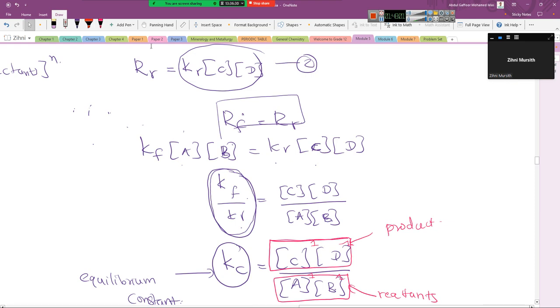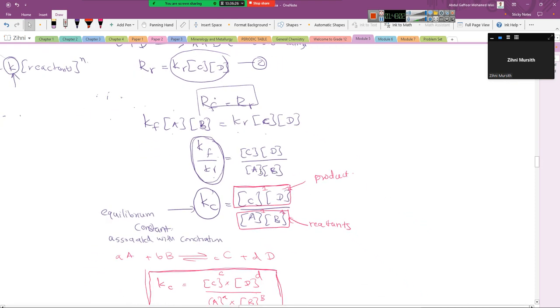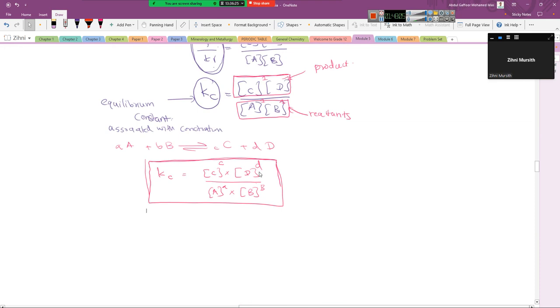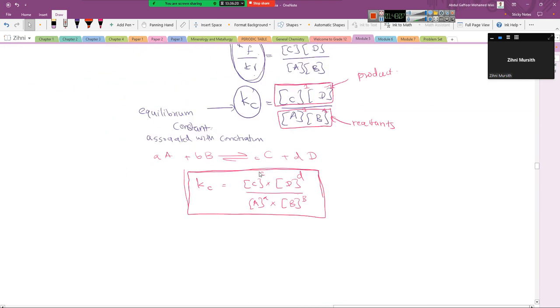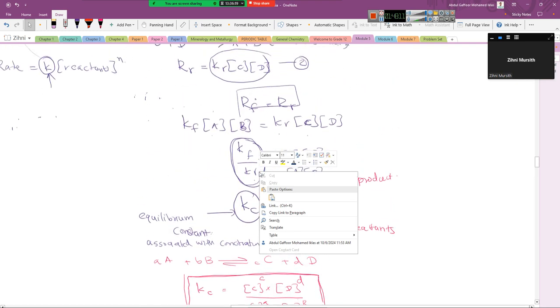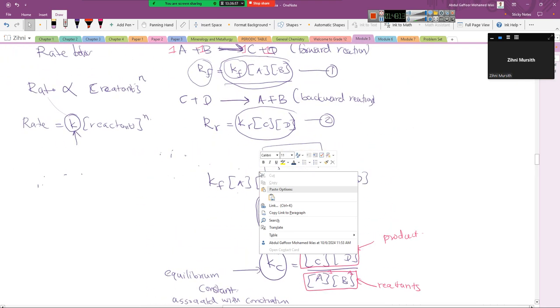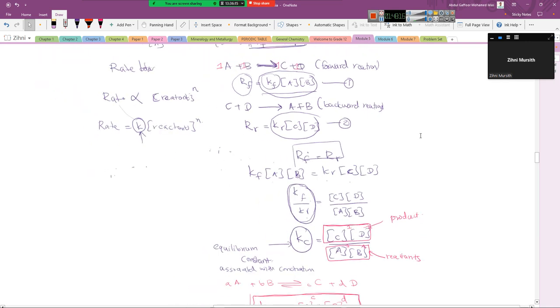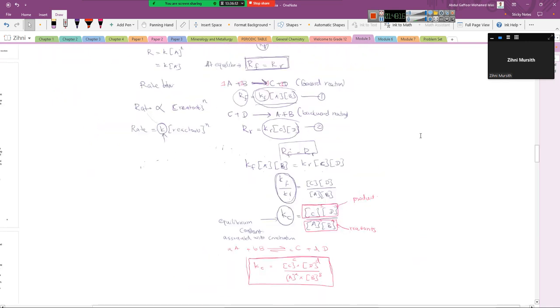If they ask you to prove this expression in the exam, you have to follow this method, and this is the generic equation. So can you just write this down, or else take a screenshot? Have you understood this equation?